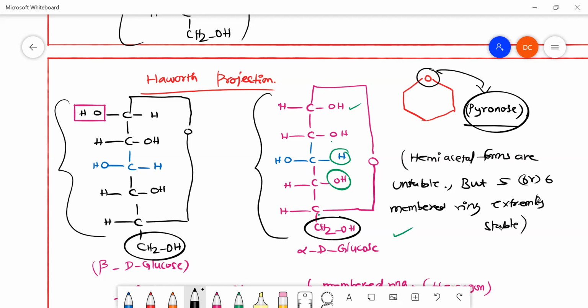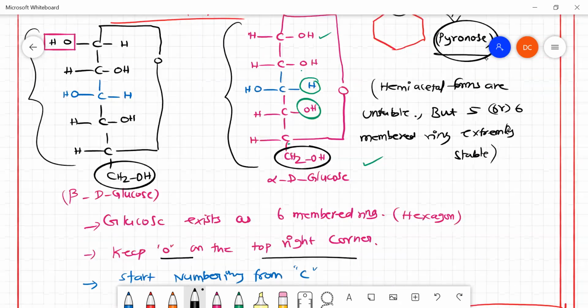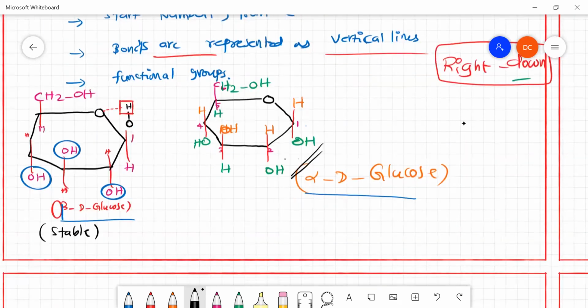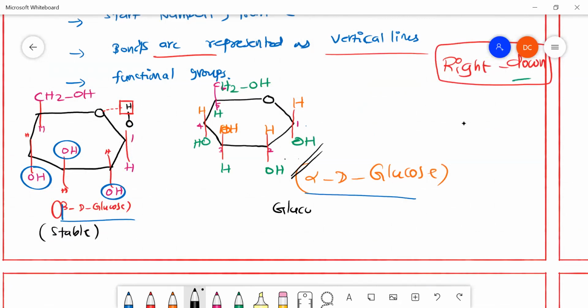Very simple. We write the pyranose structure, and this is called glucopyranose.